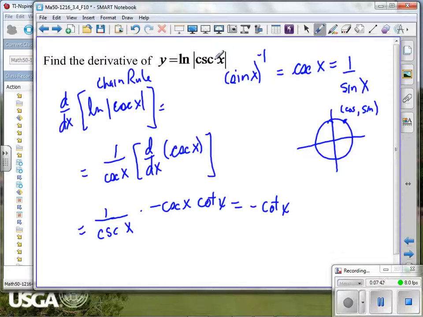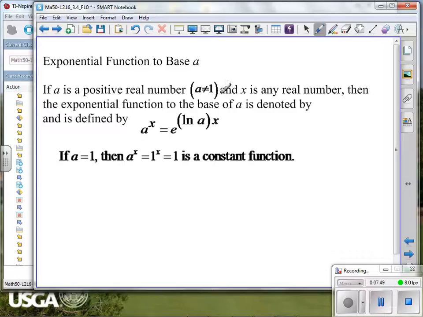next comes some slides that I'm going to talk about, but I'm not going to spend a whole lot of time with. One is the exponential function to base a. The discussion I usually have with students on this is starting with a to the x power and showing that it in fact equals this quantity.